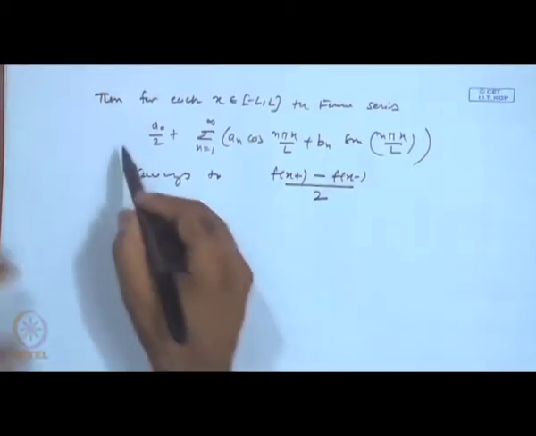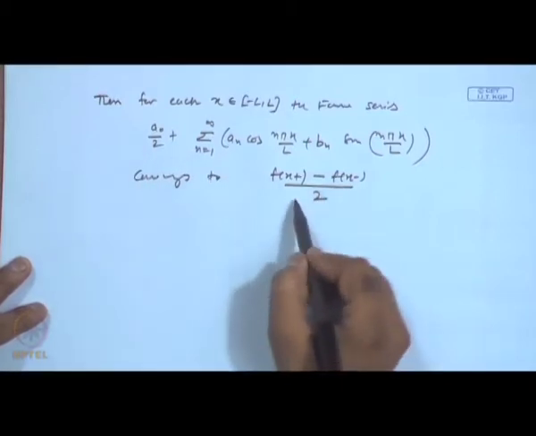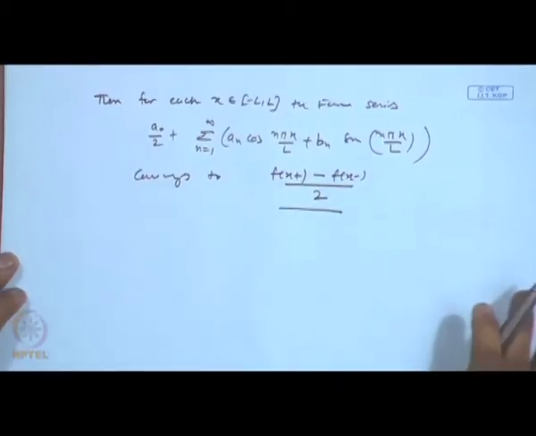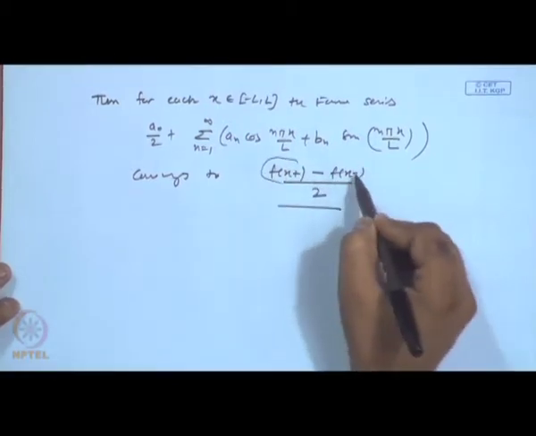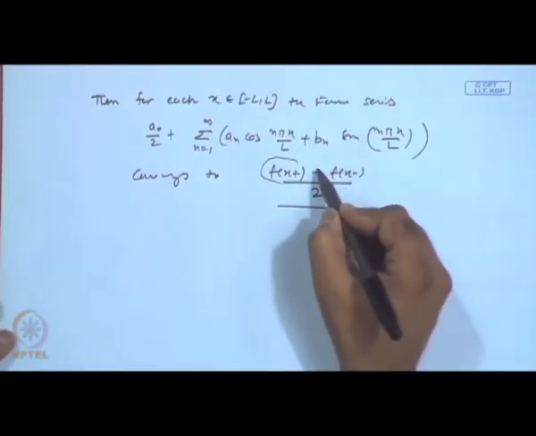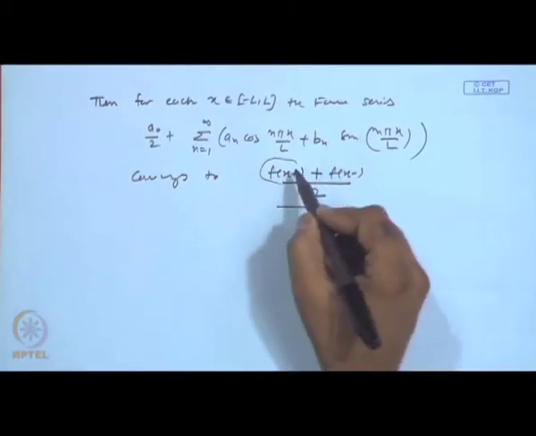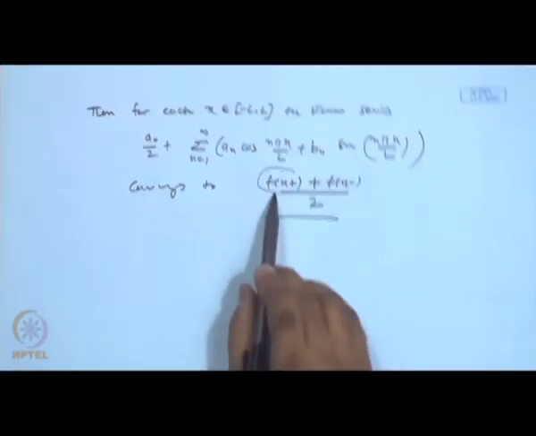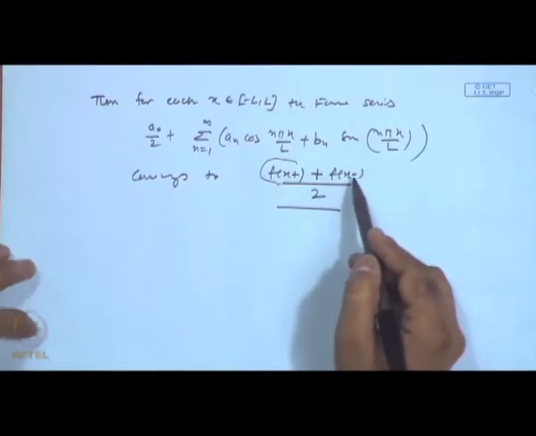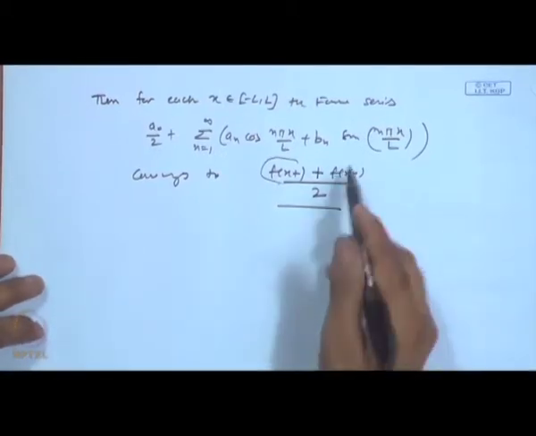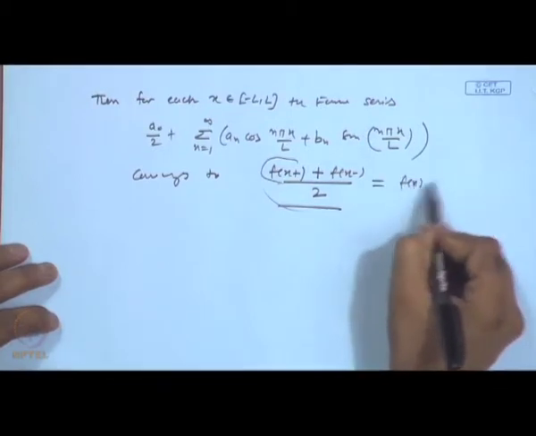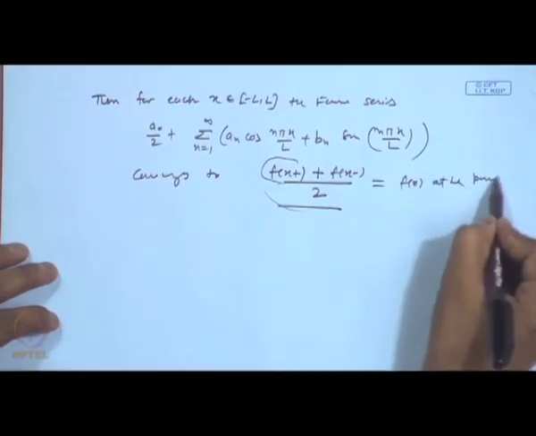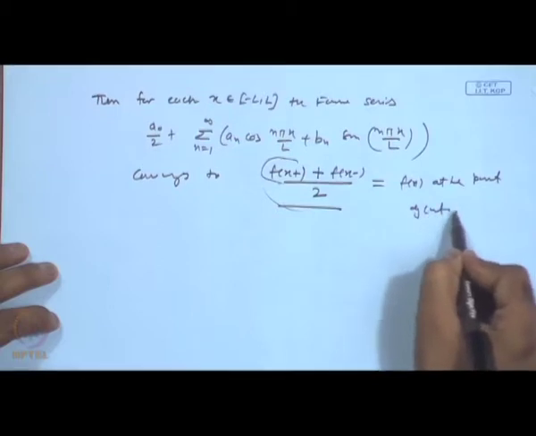Note that at the point of continuity, the right limit and the left limit are equal to f(x), so this average value is equal to f(x). At the point of continuity f(x plus) is equal to f(x) and f(x minus) is also equal to f(x).